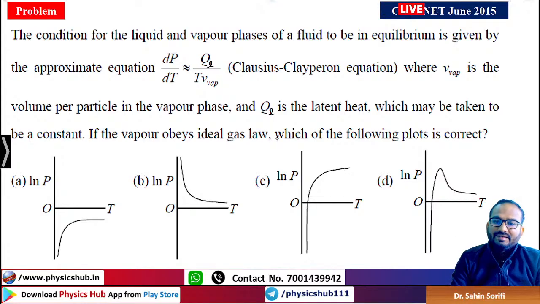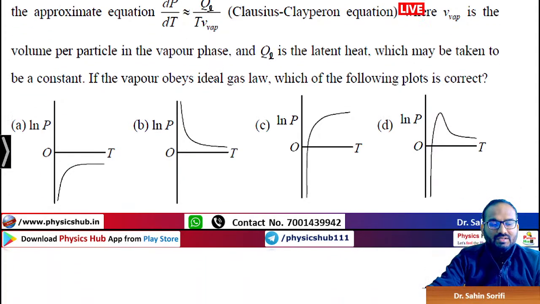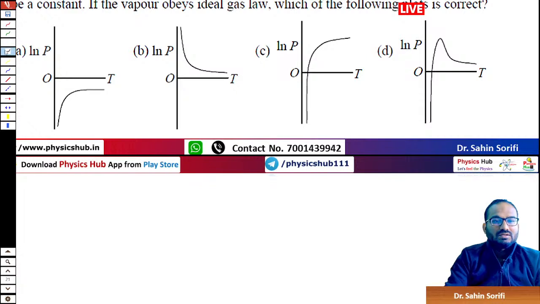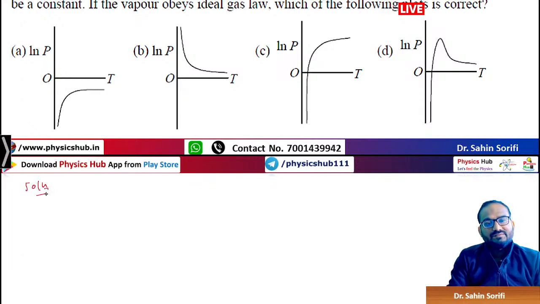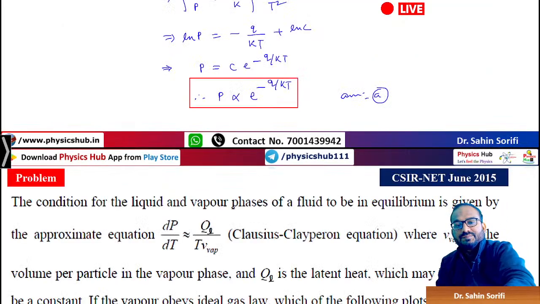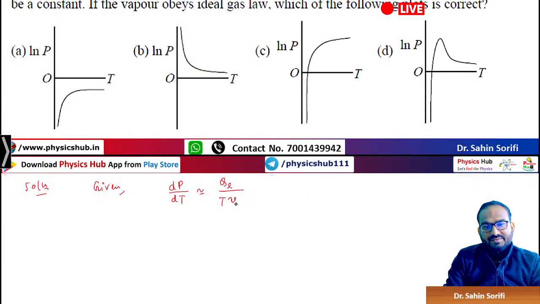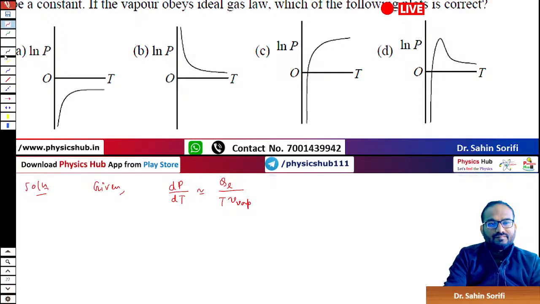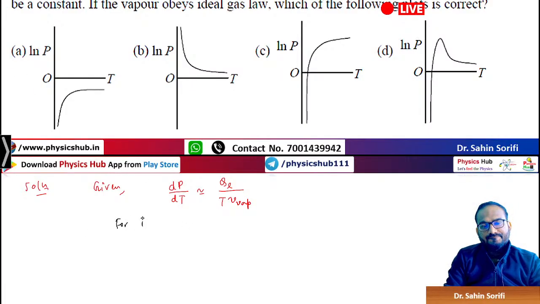If the vapor obeys the ideal gas law, which of the following plots is correct? So we need to have the graph between ln P and T. From this we can find the expression of ln P and see what kind of graph we are getting. We are given dP upon dT approximately QL by T V vap, for an ideal gas.